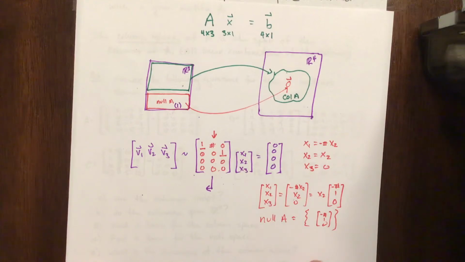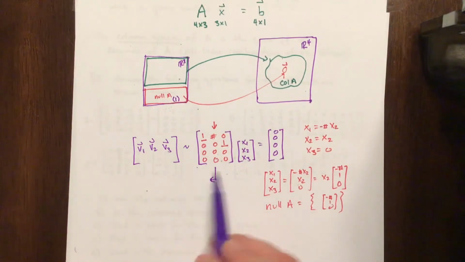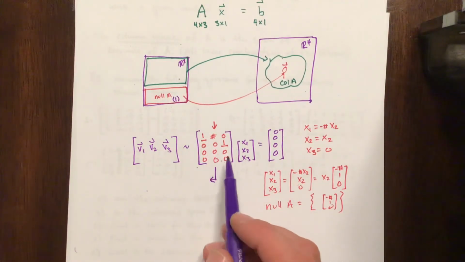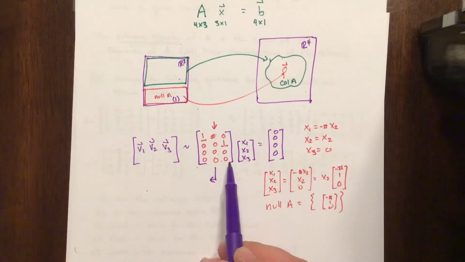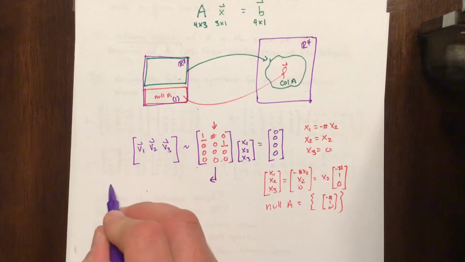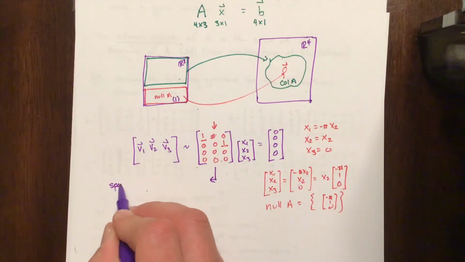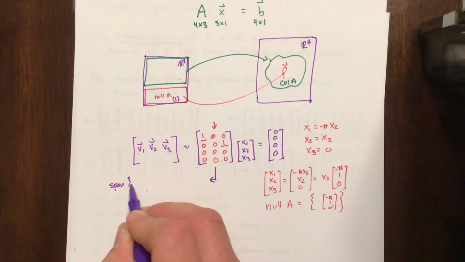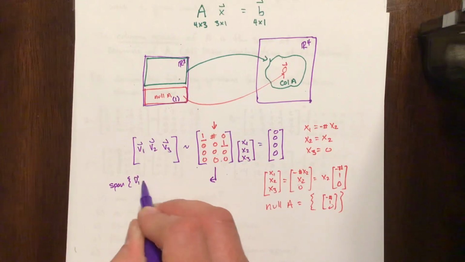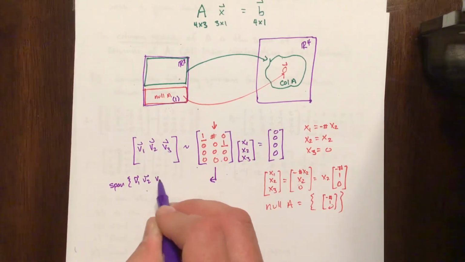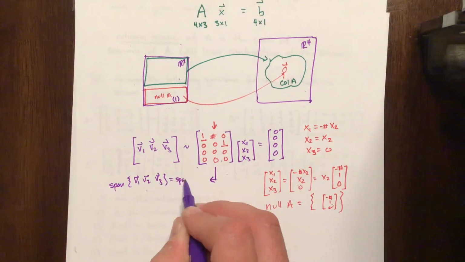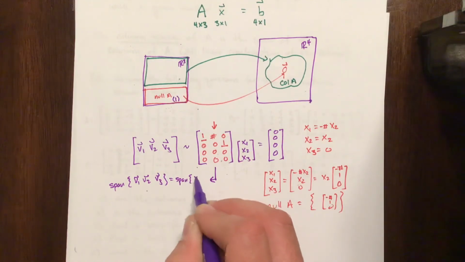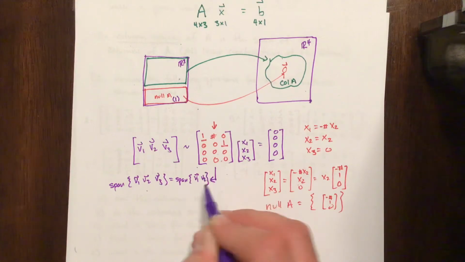You could see that in the row-reduced echelon form of this matrix. Vector 2 is some combination of vector 1 and vector 3. So you can say the span of vector 1, vector 2, and vector 3 is equal to the span of vector 1 and vector 3.